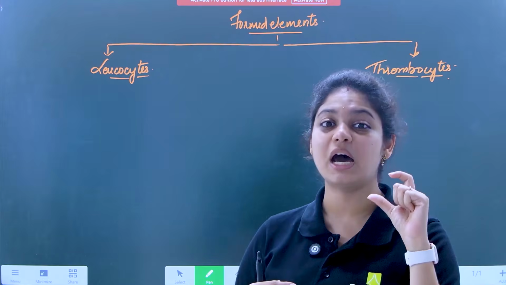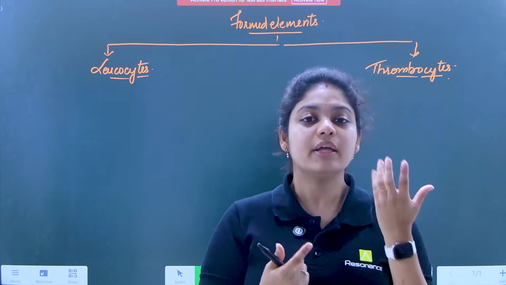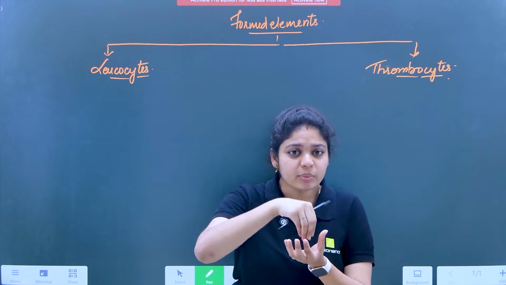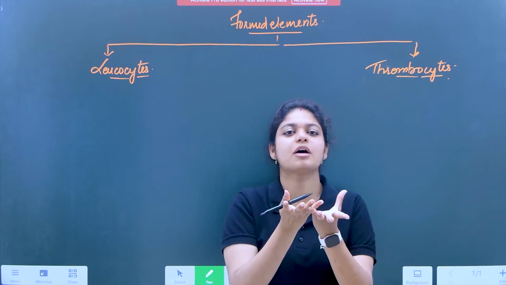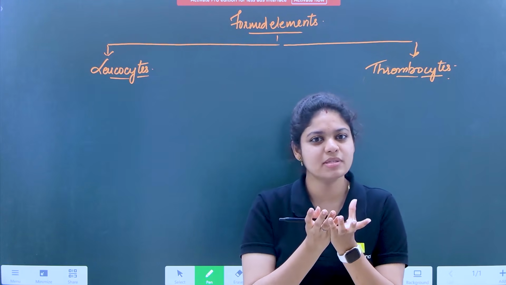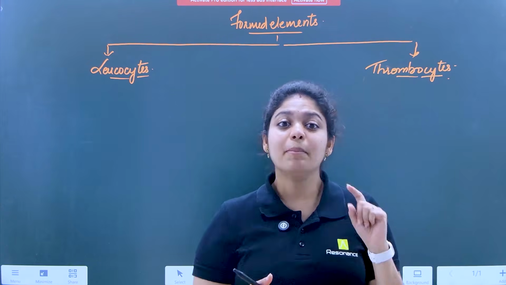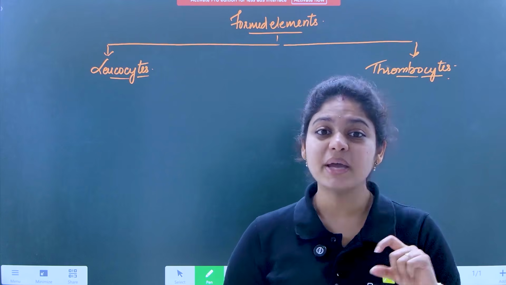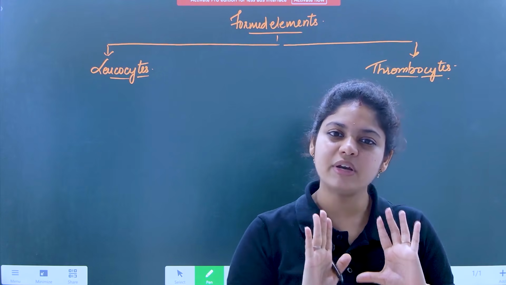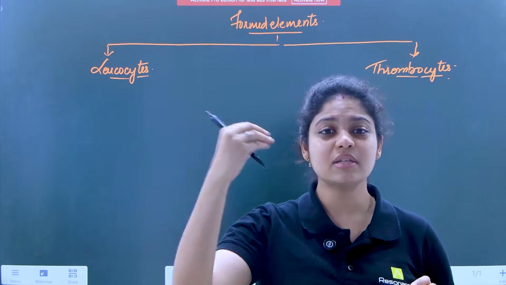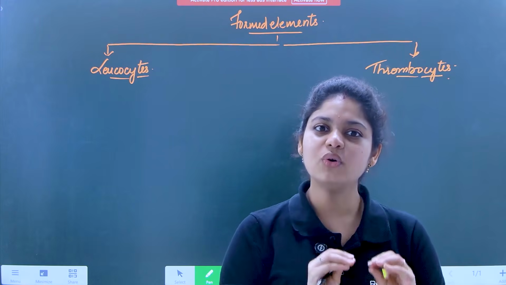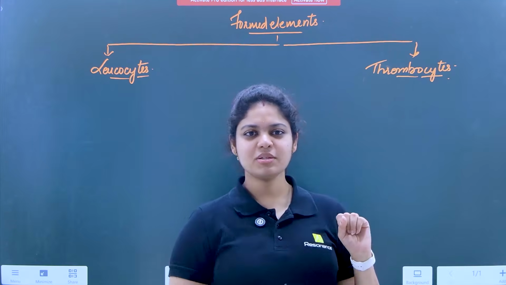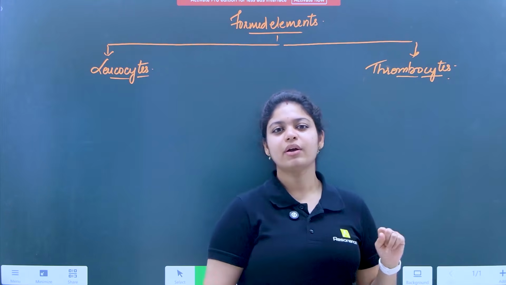If the shape of the RBC is biconcave, then this water, more intake of water, will enter into the RBC and the RBC will burst. But because the camel has biconvex RBCs, they can retain water. Even though the consumption of water is more, it will not burst. This is one of the reasons.